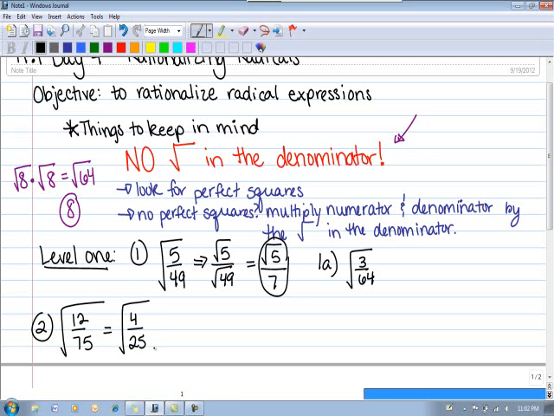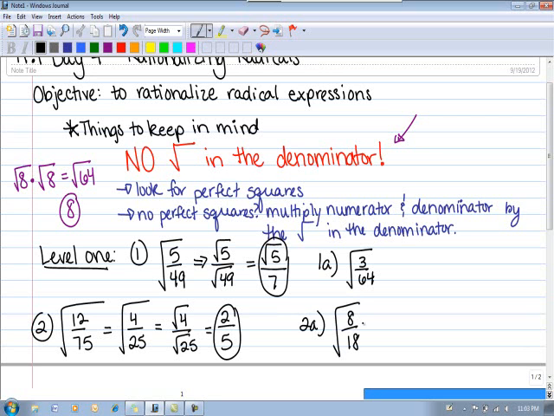So it's equal to the square root of 4 over 25, which is equal to the square root of 4 over the square root of 25. And I happen to know the square root of 4 is 2. The square root of 25 is 5. And so my answer is just 2/5. So 2a for you to try is the square root of 8 over 18.